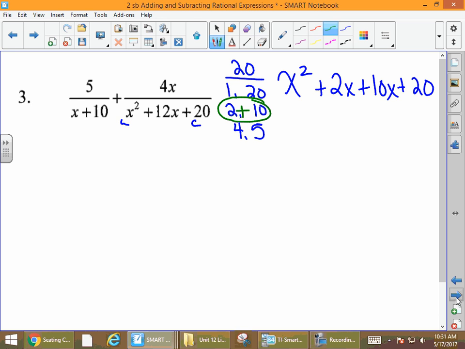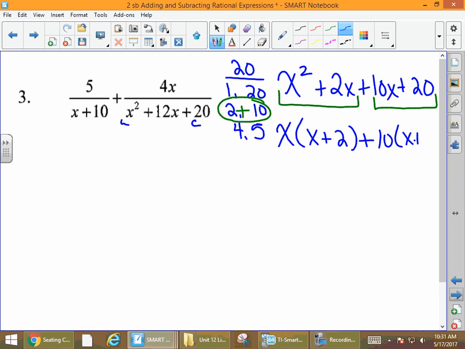And now we're going to look. What's the greatest common factor in that first group? And hopefully you're thinking x. And our greatest common factor in the second group, between 10 and 20, is 10. And now that we factor that, let's put it back in.